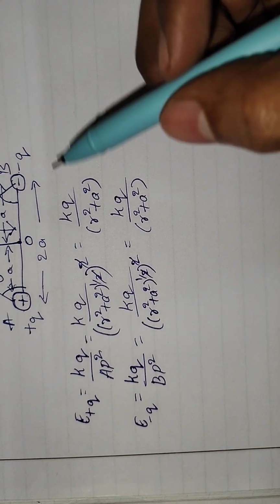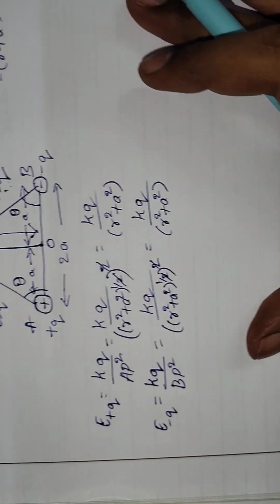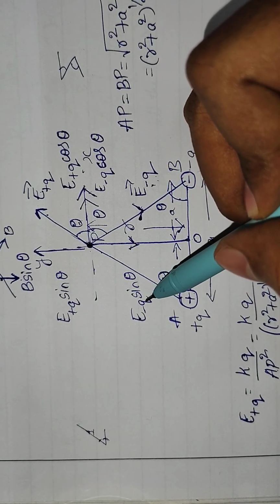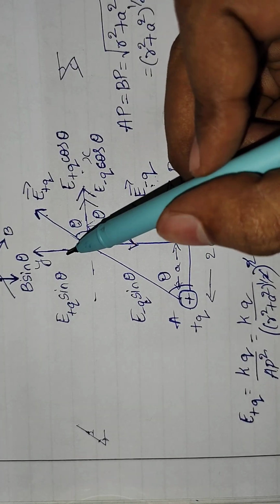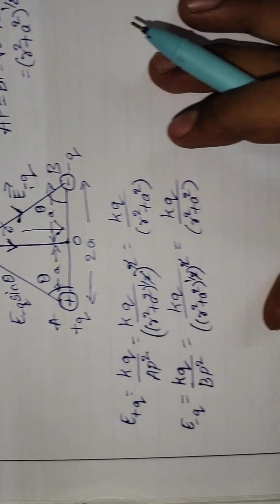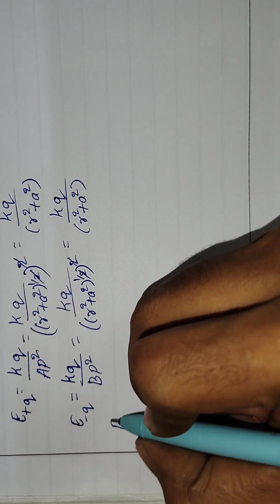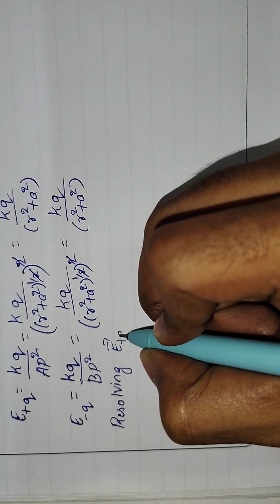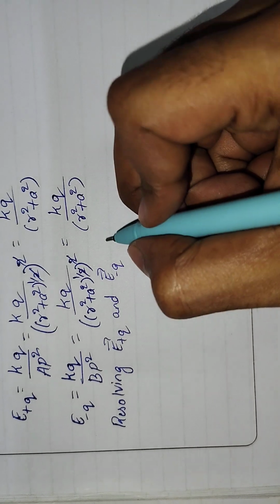Fine. Now can you see both magnitudes of E plus q and E minus q are equal? So you can say that these two vectors E plus q and E minus q are equal in magnitude, and sin theta is also same. So they are equal in magnitude but opposite in direction. Here both vectors are in same direction. Okay, so now that point is very important. You need to write here: resolving electric field due to positive charge and electric field due to negative charge.